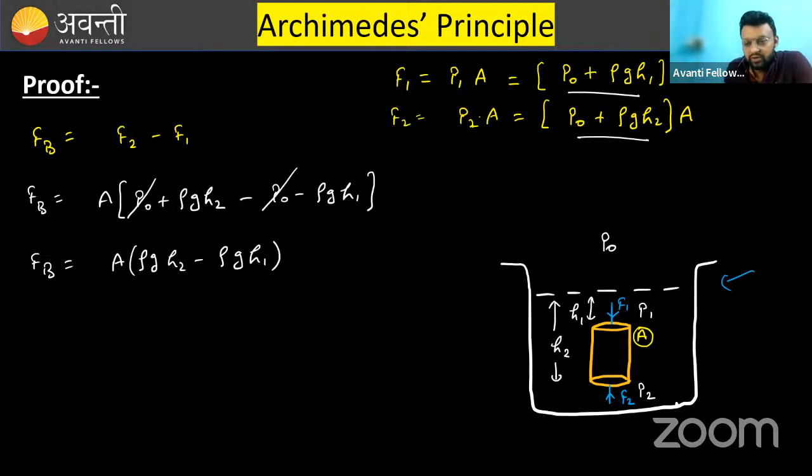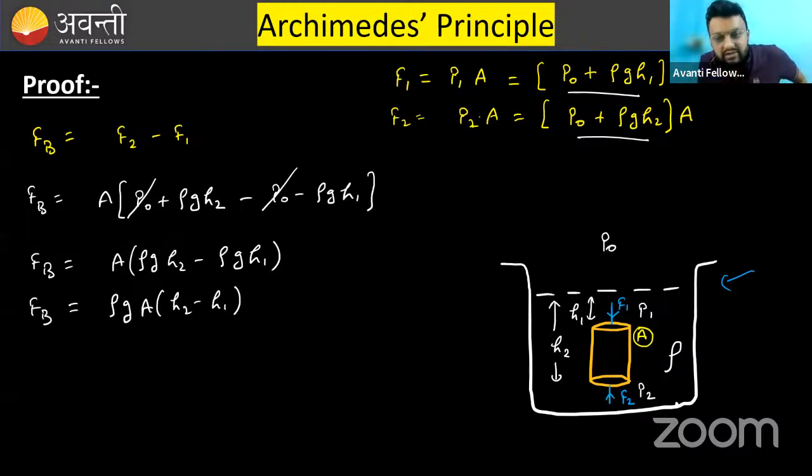What is rho? Rho is the density of liquid. Now again you can see that rho and g are also common. A is already there. What's left? H2 minus H1. Now ask yourself, what is H2 minus H1? Can you say that H2 minus H1 is the height of the cylinder?